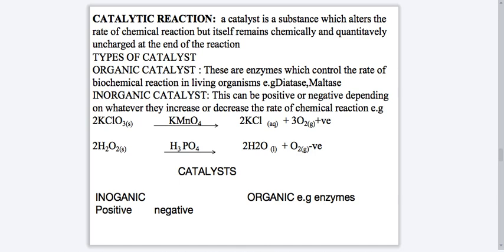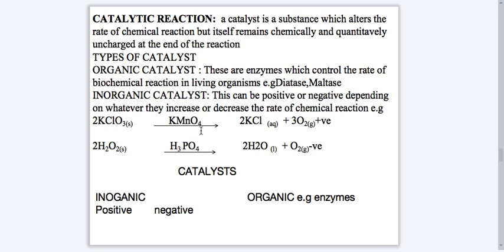The second type of reaction here is one that increases the speed. That is why it's called positive catalyst, and that reaction can be referred to as positive catalysis. The example is when potassium chlorate(V) decomposes.